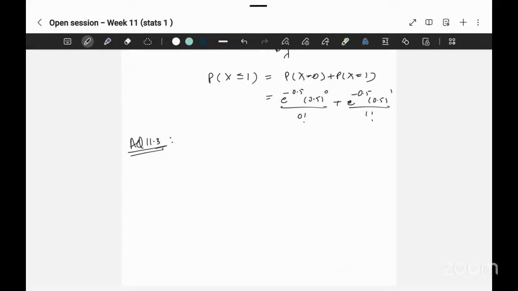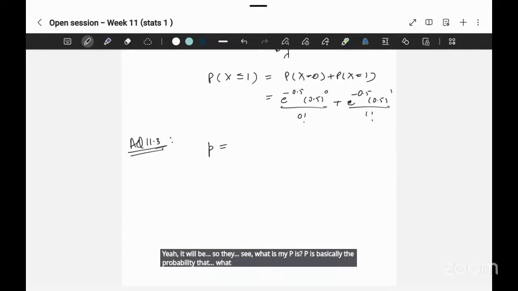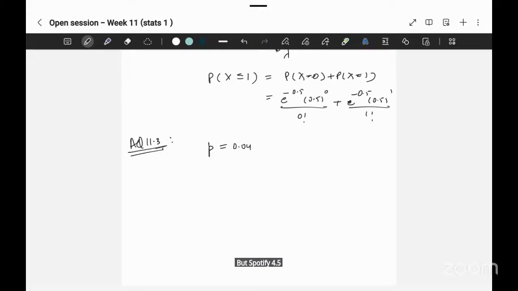Yeah, it will be. So what is my p? It is basically the probability that a person owns a Creta. The probability will be 4.5%, so 0.045. Correct.